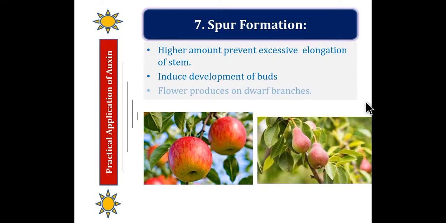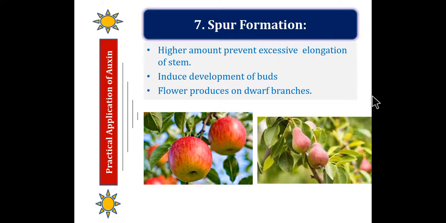This application is practically utilized in apple and pear plants. Fruit develops on dwarf branches or spurs. If these terminal buds are treated with NAA, it prevents the formation of elongated branches and increases the number of short branches. Therefore, every short branch gives more fruit, increasing the yield, and cultivators benefit.